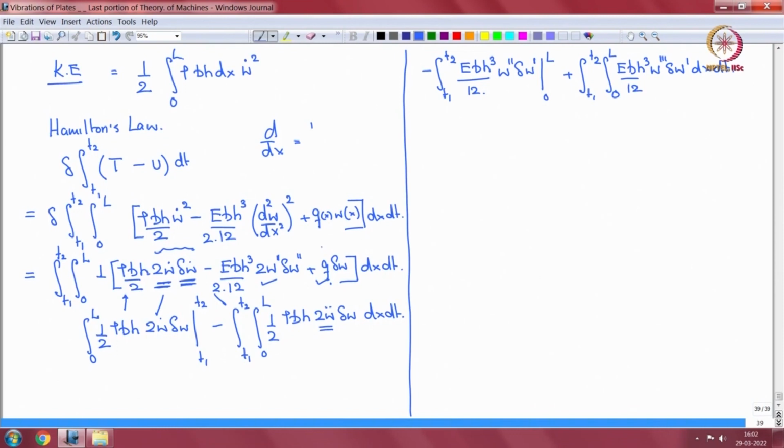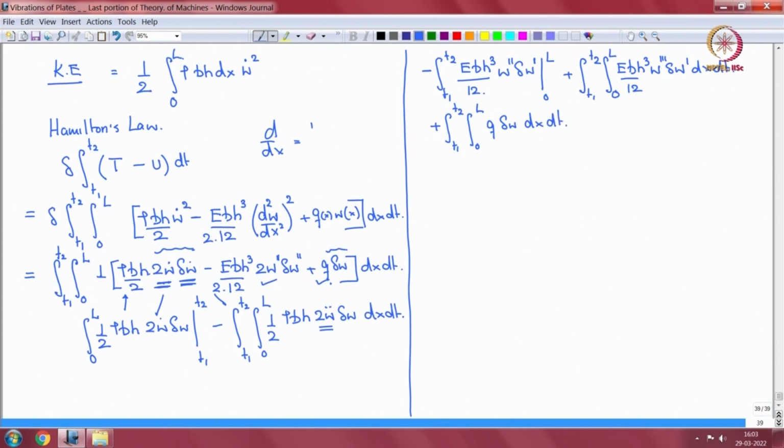It's not related to this, that's why. So then the last term is plus integral t1 to t2, integral 0 to L q delta w dx dt.